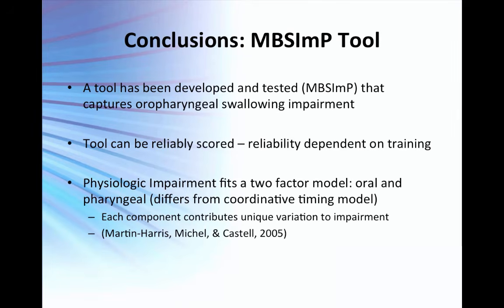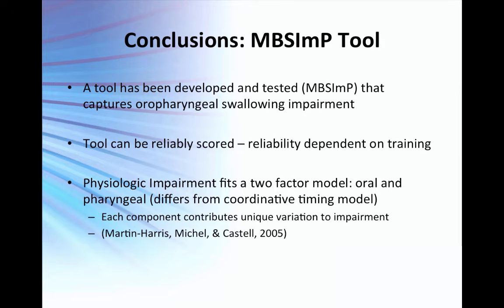So in conclusion, the MBSImP tool has been developed and tested that captures oral pharyngeal swallowing impairment. It can be used reliably, but reliability is dependent on training. It's why we don't do train the trainer, because everybody should get the same training in order to be reliable.